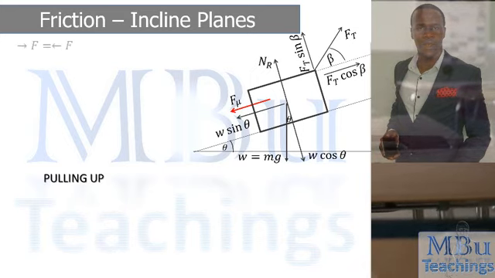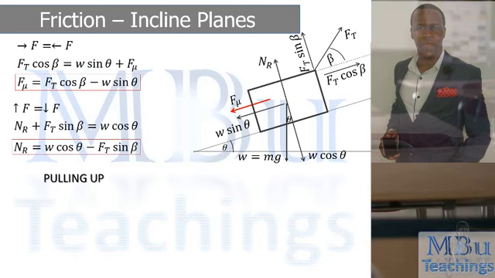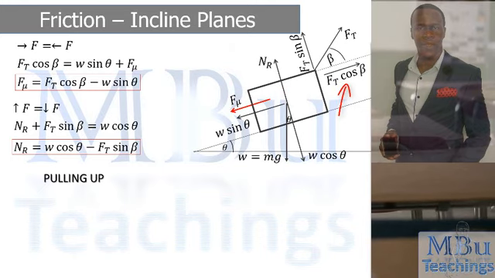Number two, we need to equate our parallel components and also equate our perpendicular components, ensuring that F mu is in the opposite direction from the parallel component of Ft.